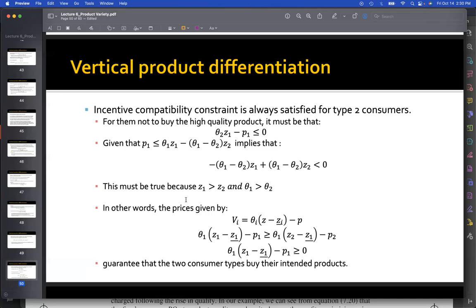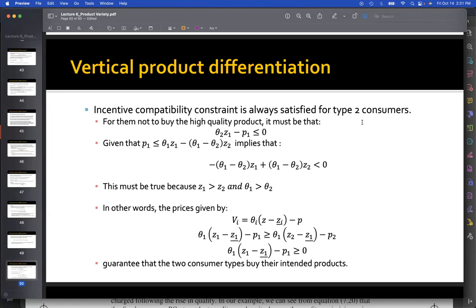In other words, the price is given by the following. This is the utility function. This is the incentive compatibility constraint. This is the non-negativity condition for group 1. Then not only are we satisfied for group 1, but we're also satisfied for group 2. That makes sense because there's only 2.